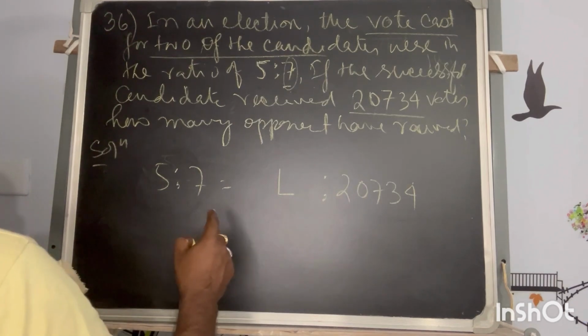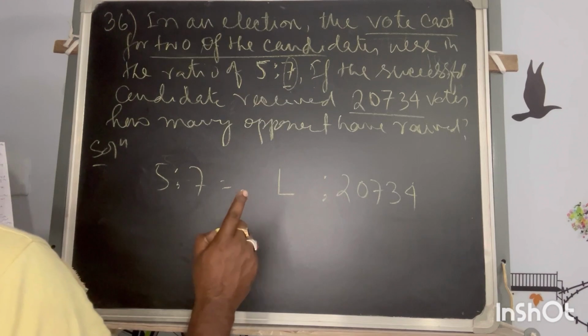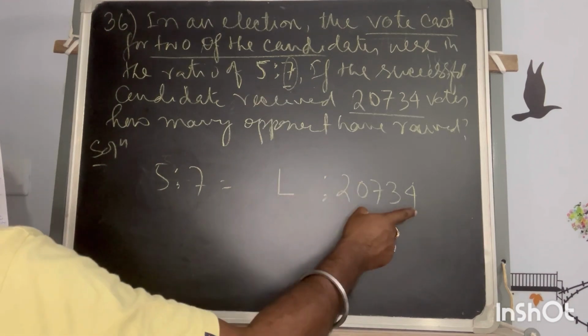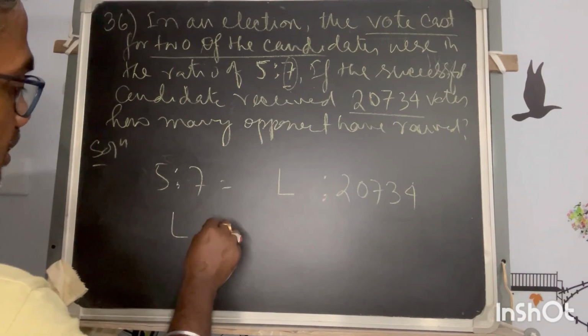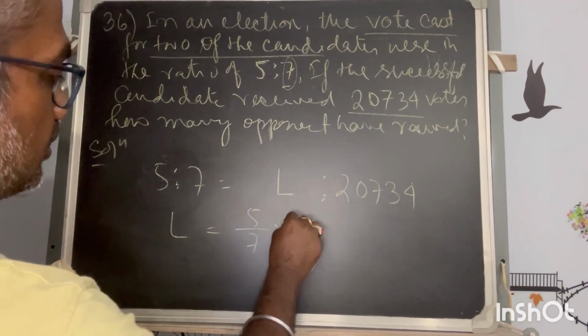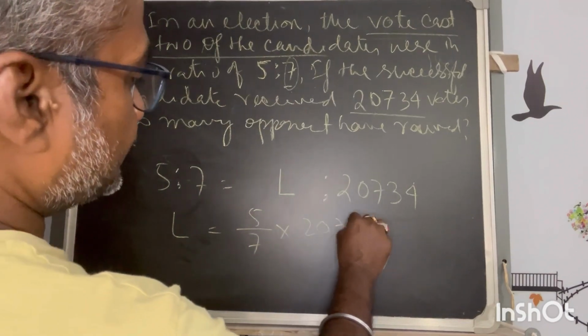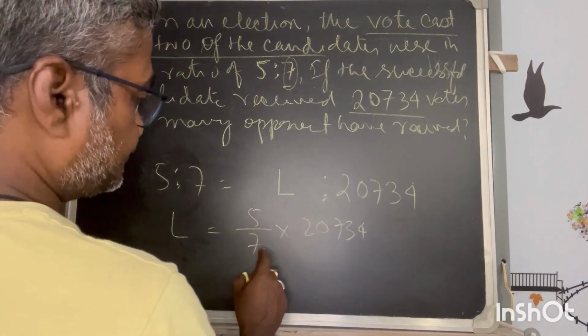The requirement of the sum is, given the successful candidate's votes in this ratio, how many votes did the opponent get? So this is a simple equation. Once it is established, you will get the result accordingly. So this is the vote the losing candidate will get.